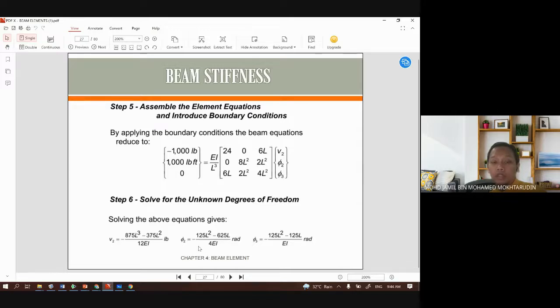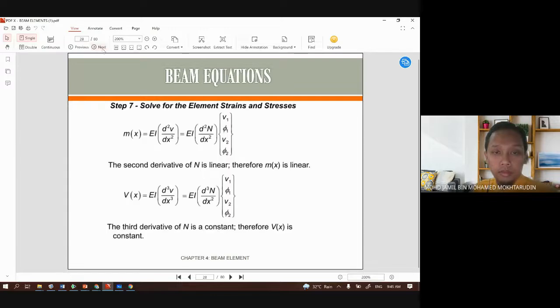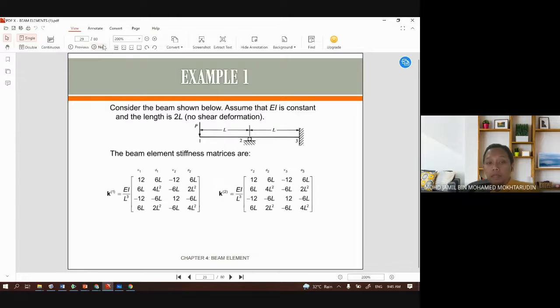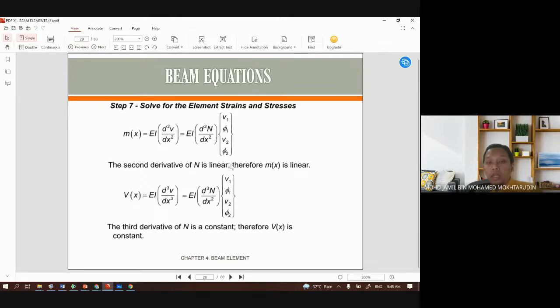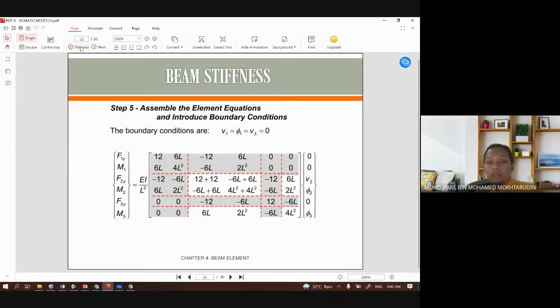Okay, so you get this V2, phi2, and phi3. And then we can continue by finding the element strains and stress. So to find the element strain and stress, first we need to find the moment and shear force. And then we can use the formula for strain.